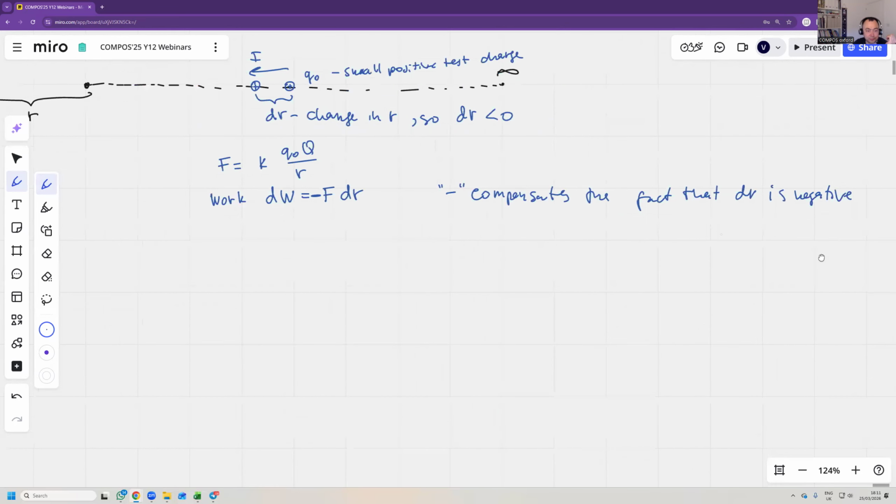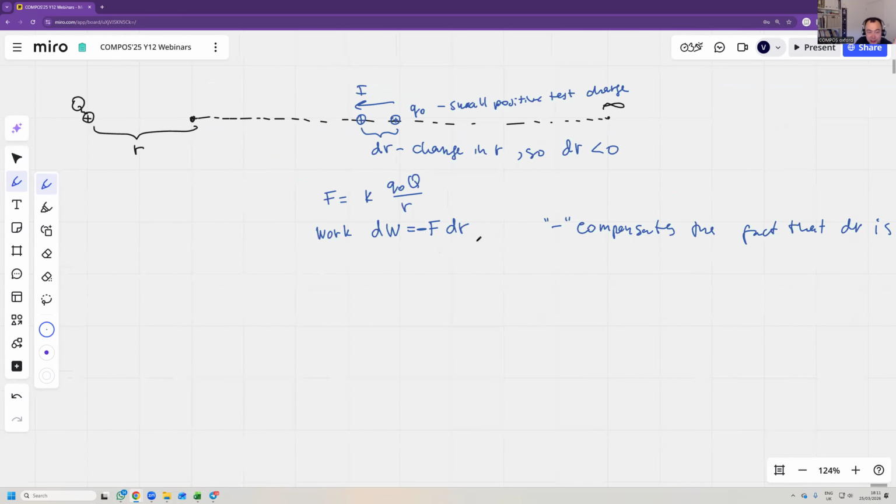Okay. Let's substitute that in. So dW is minus F dr, so minus k Q0 Q over r squared dr. And we need to integrate that. When we start moving from infinity, we've done zero work, and when we've moved to that point, we do W amount of work.